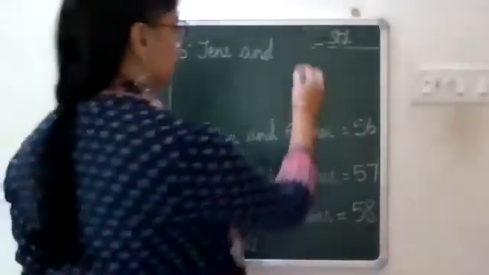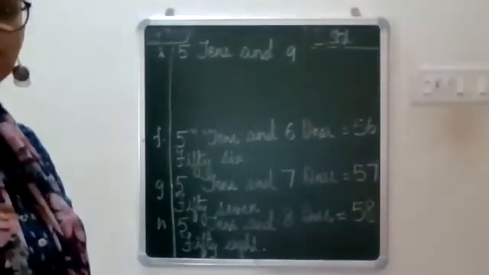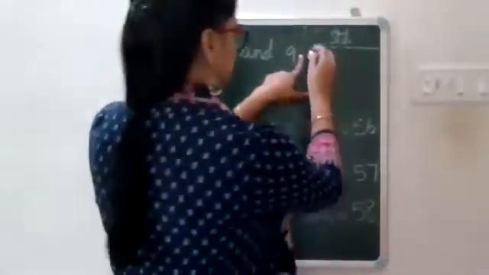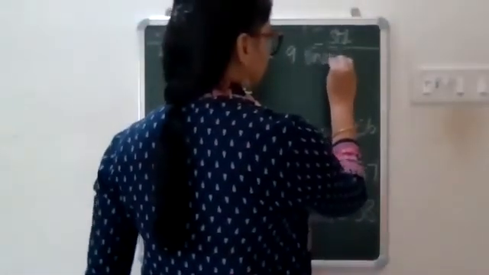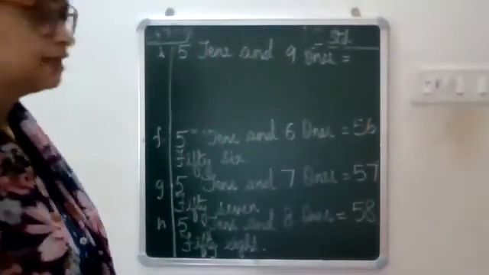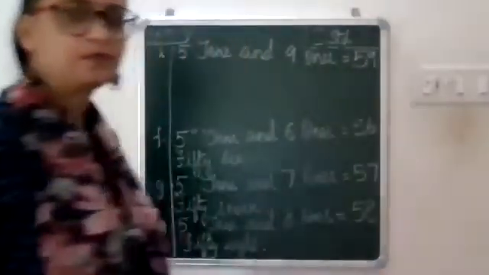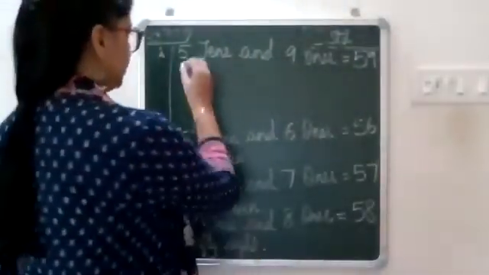Leave a finger space. Write down the number 9. 59. Very good. Leave a finger space. Write down ONES. Is equal to 59.